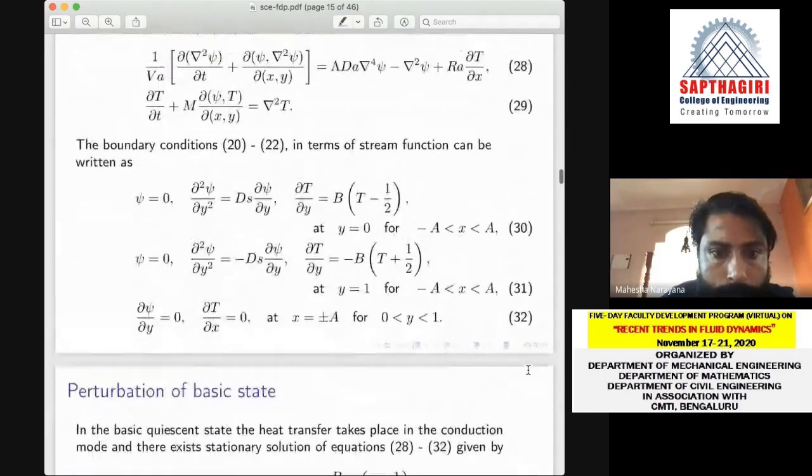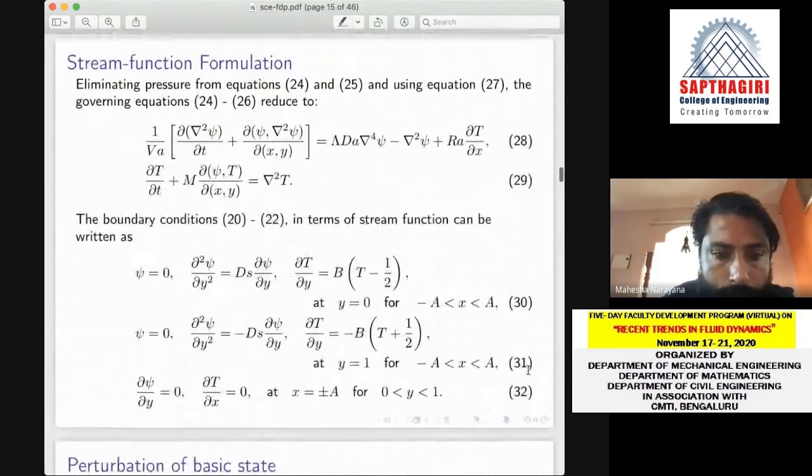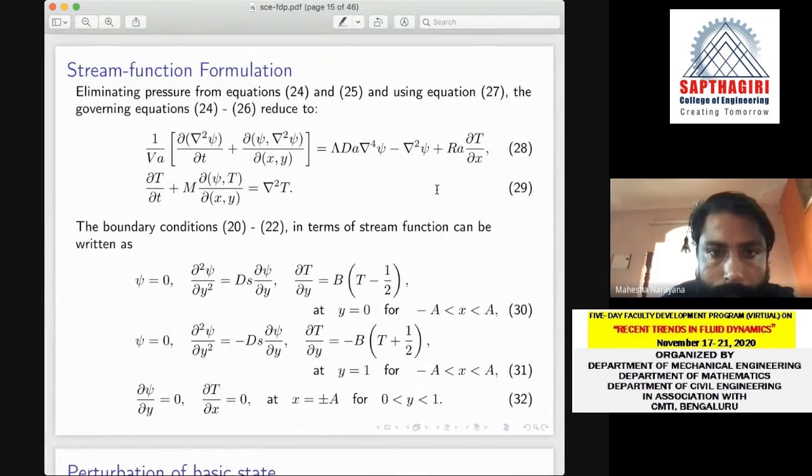And yeah, before I proceed to the instability problem, I must tell you that the boundary conditions which are of third type, and also this Rayleigh number, which is the Darcy-Rayleigh number, act as the eigenvalue for this particular problem, with solutions existing only for some particular values of Ra.